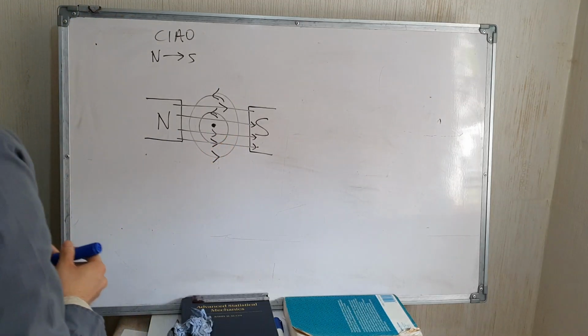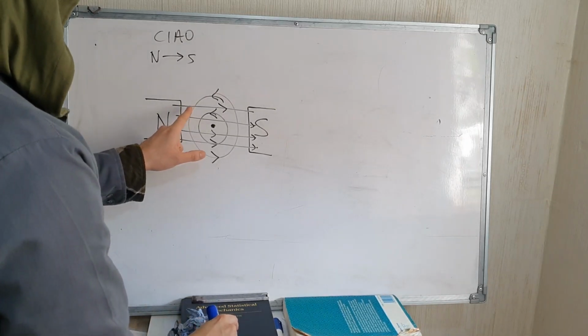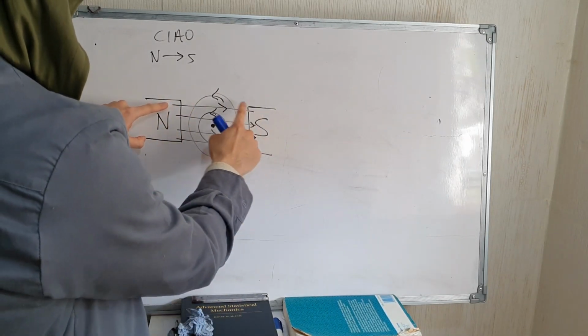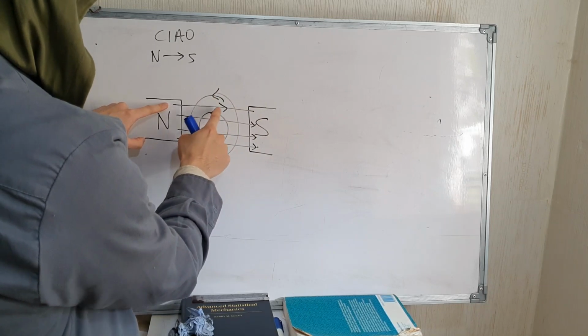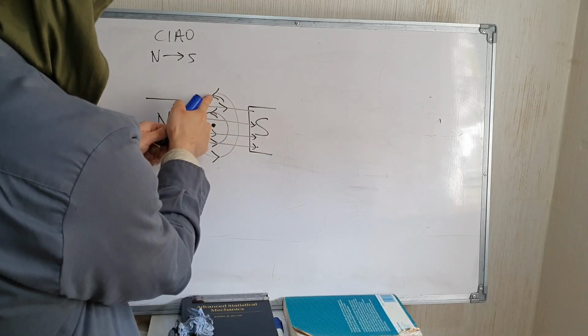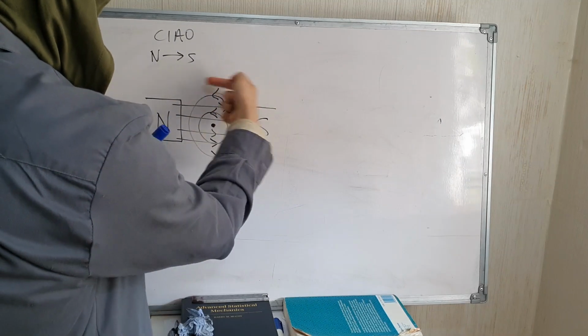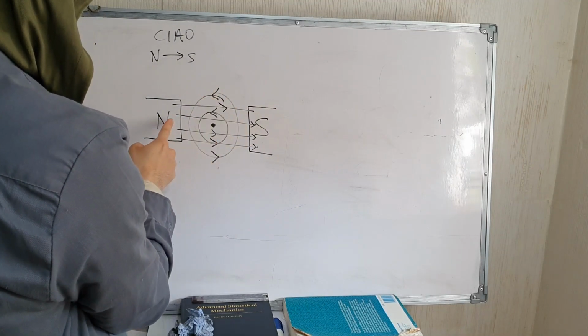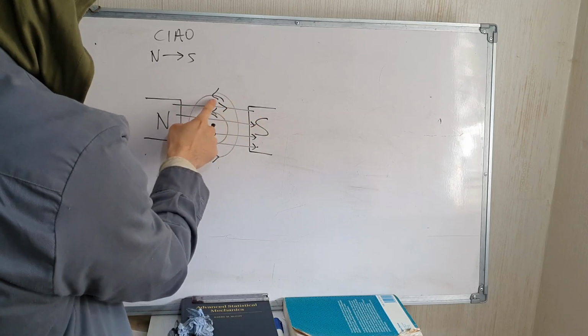Now, can you see that the field lines here are going from north to south, but the field lines from the current are going from right to left. So the field lines here are going in this direction, while the field lines from north to south are going in this direction. So that will cancel.